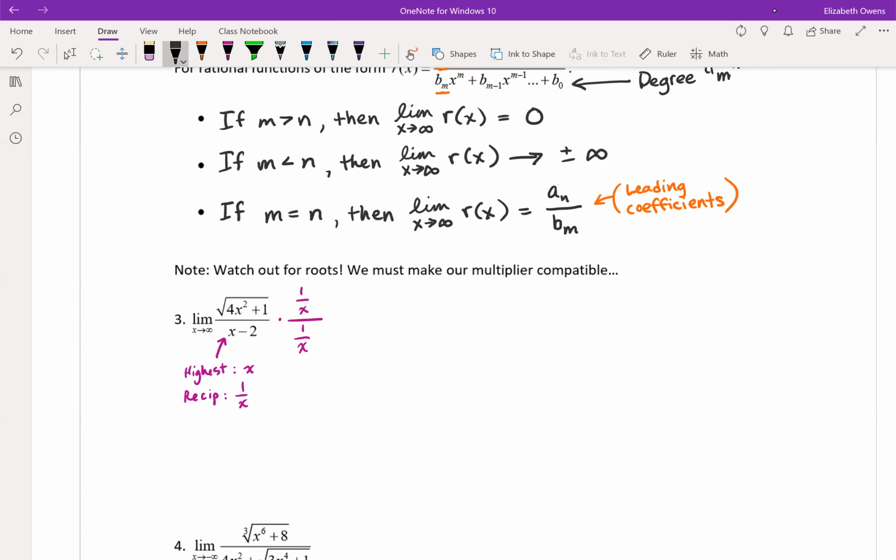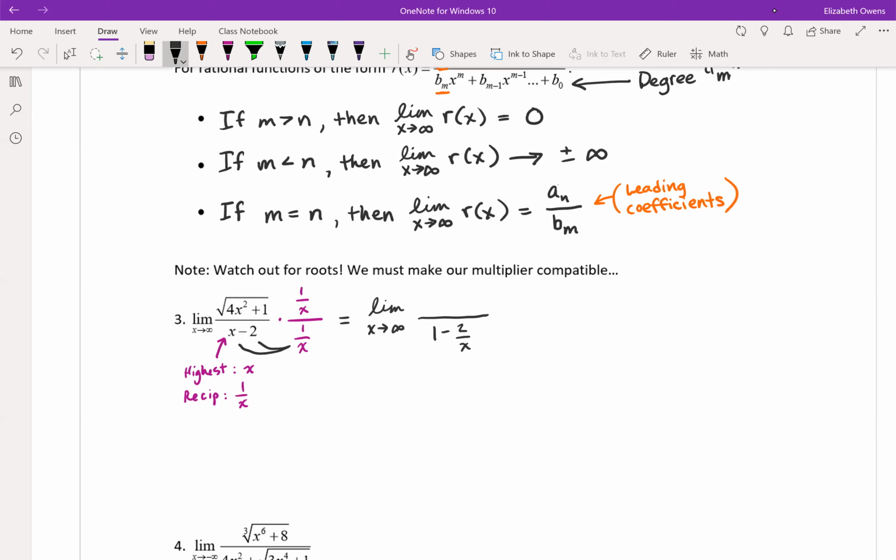But when we do this, we run into a little bit of an issue with our distribution. In the denominator, it works fine. We distribute, and in our denominator, we would have 1 minus 2 over x.